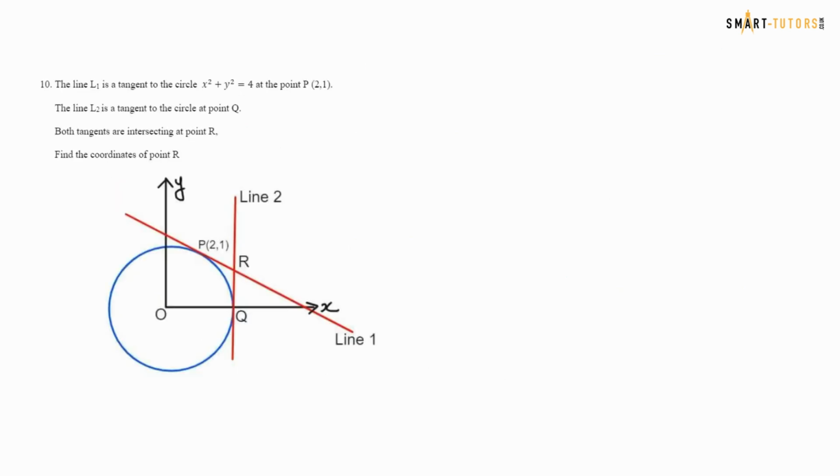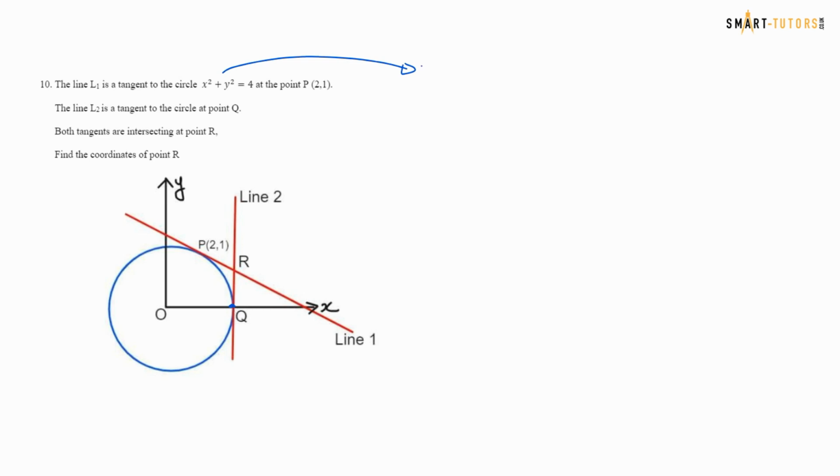Question number 10. The line L1 is a tangent to the circle x squared plus y squared equals 4 at the point 2, 1. The line L2 is a tangent to the circle at the point Q. Both tangents intersect at point R. Find the coordinates of the point R. The point Q lies on the x-axis. Let's do some investigation.